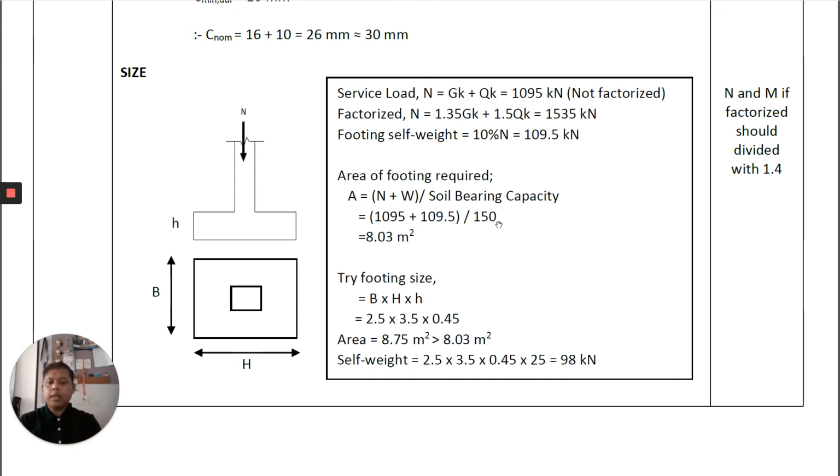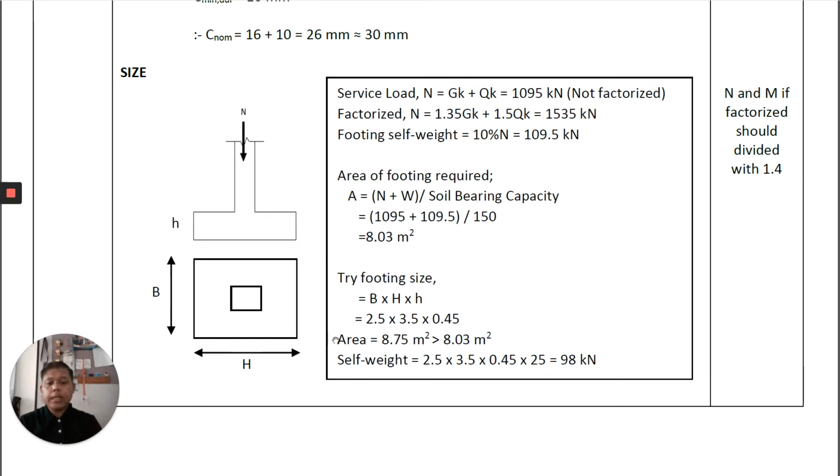Then, to try the footing size for the axial load and moment condition foundation, you are allowed to provide a rectangular section of the footing. So in my case here, I provide B times H equal to 2.5 times 3.5. Here is the thickness of your footing. Therefore, my area is 8.75 meters squared, which is B times H, more than the required area.